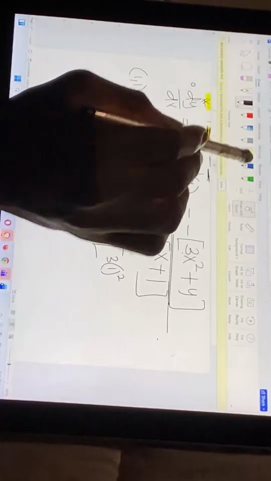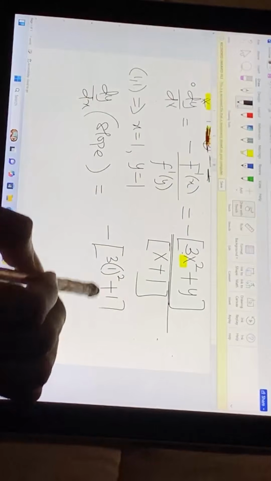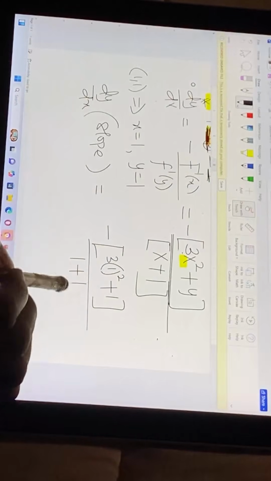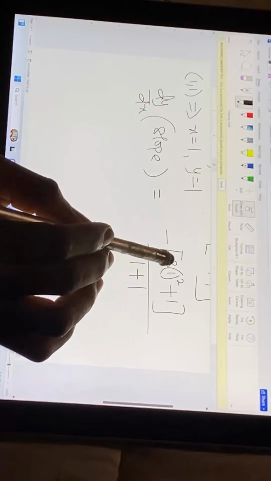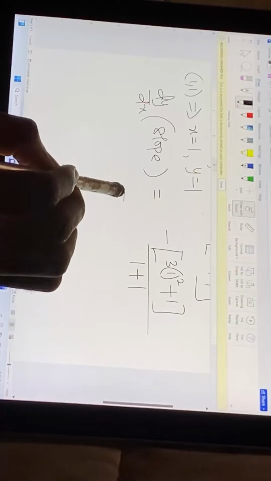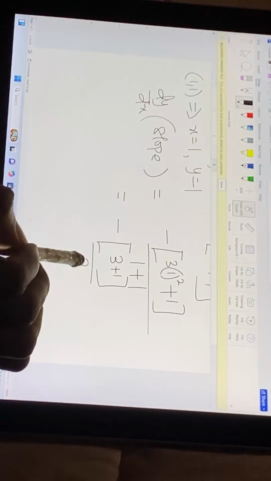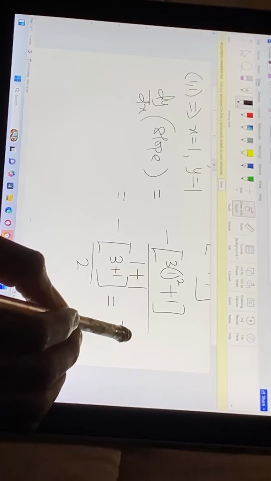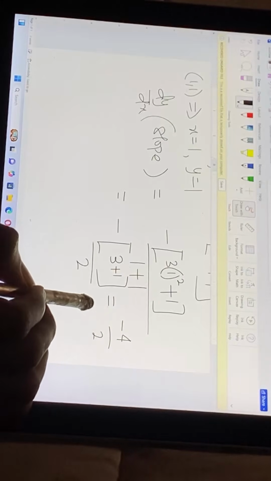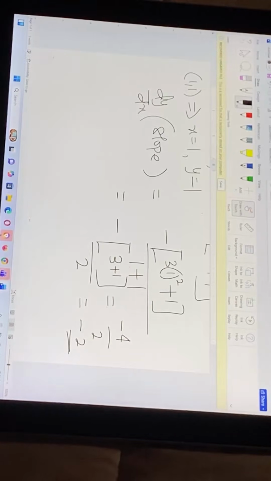Anywhere I see s, you put 1 here. 1 plus. Class, let's simplify this here. 1 all squared is 1. 3 times 1, 3. 3 is 1 plus 2. Minus.